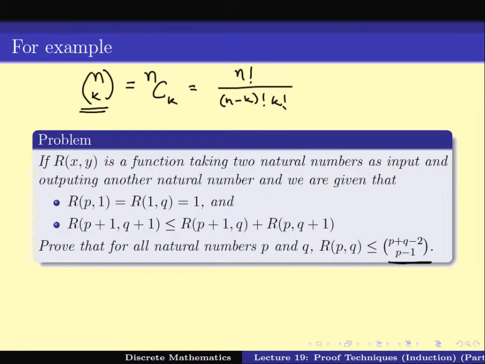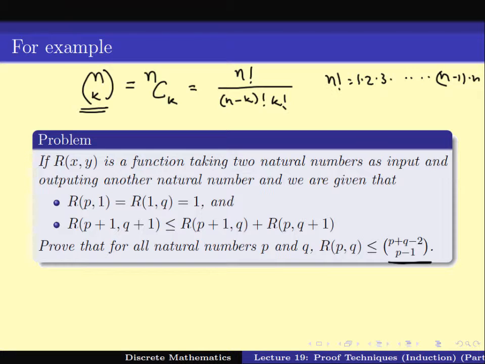And what is any number factorial? So n factorial is of course 1 times 2 times 3 till n minus 1 times n. Similarly for k factorial and n minus k factorial. So the problem asks, can you prove that R(p,q) is less than or equal to (p+q-2) choose (p-1)?